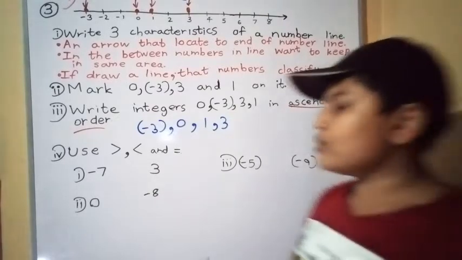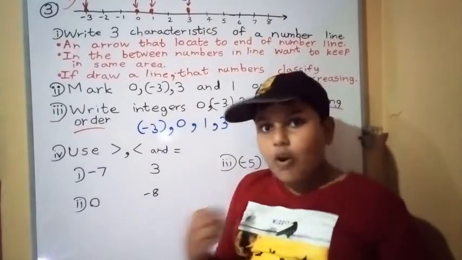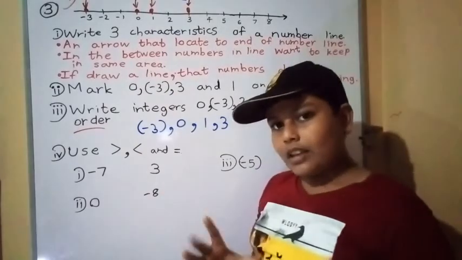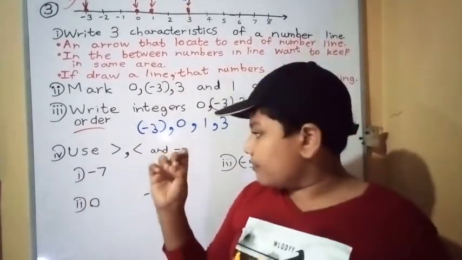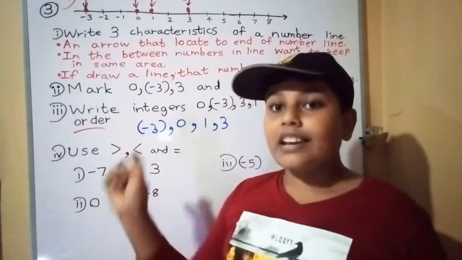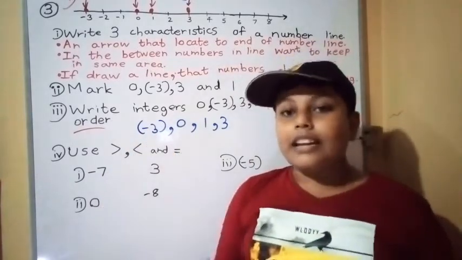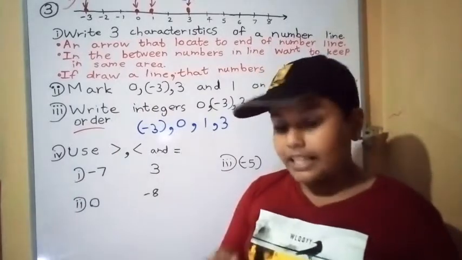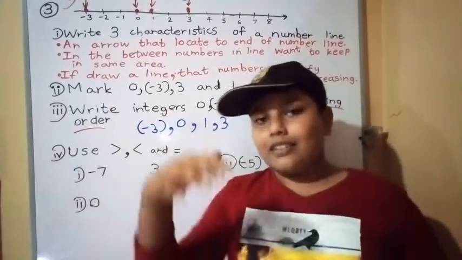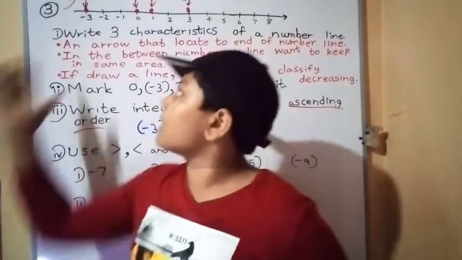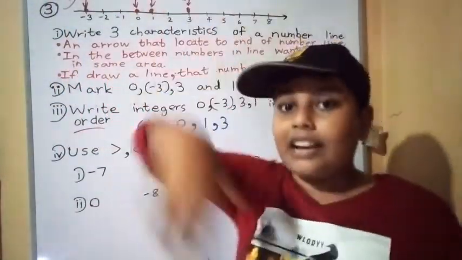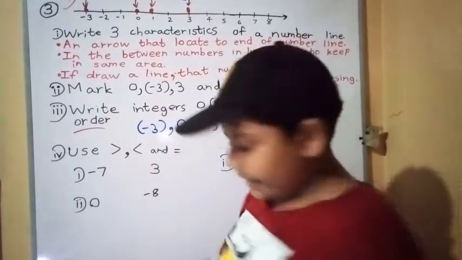Now -7 is the small one, right? Now the +3 is the big one. -7 is less than 3. We get less than 3 because 3 is greater. -7 is less than 3, you have it correct.